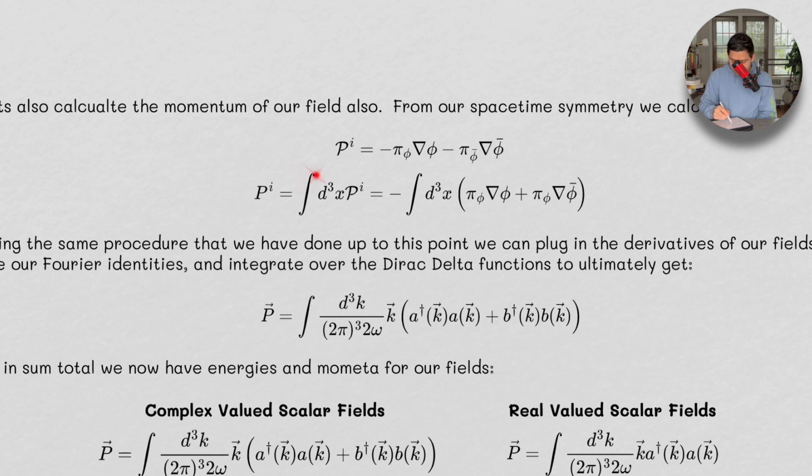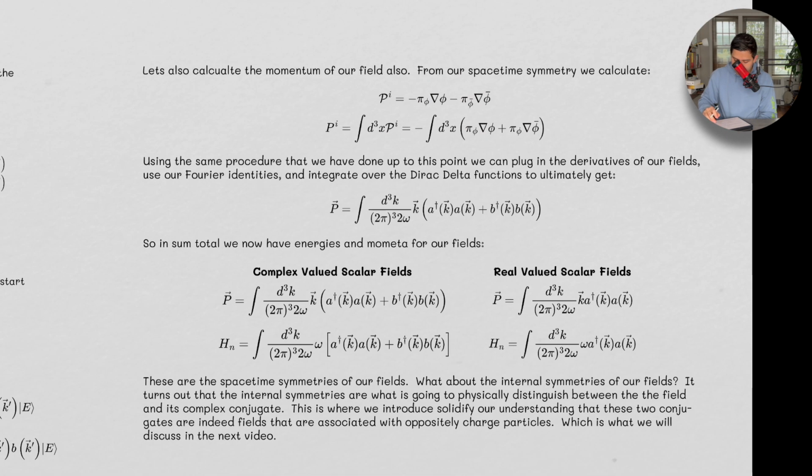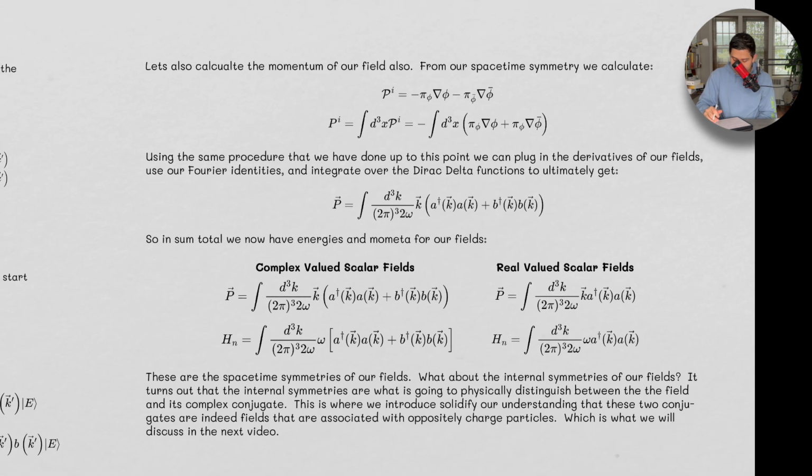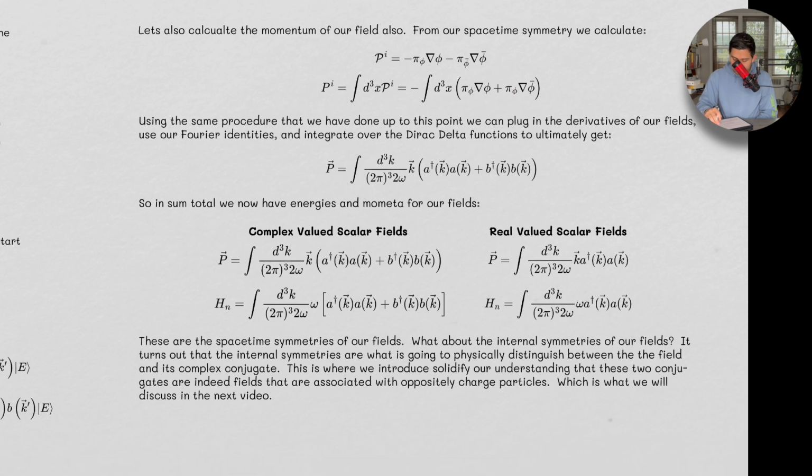Okay, and then inside a volume, we can calculate the momentum of our fields inside some volume, where we just put this into our momentum density. We're not going to go through this because this is going to be another video. Once we're done with that, what we'll get is this.